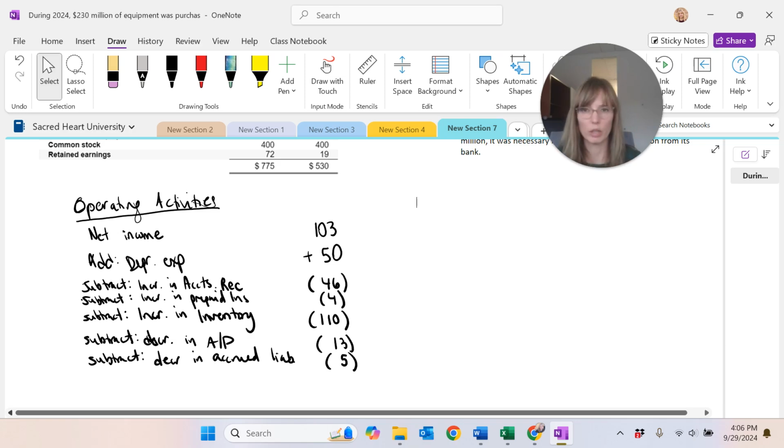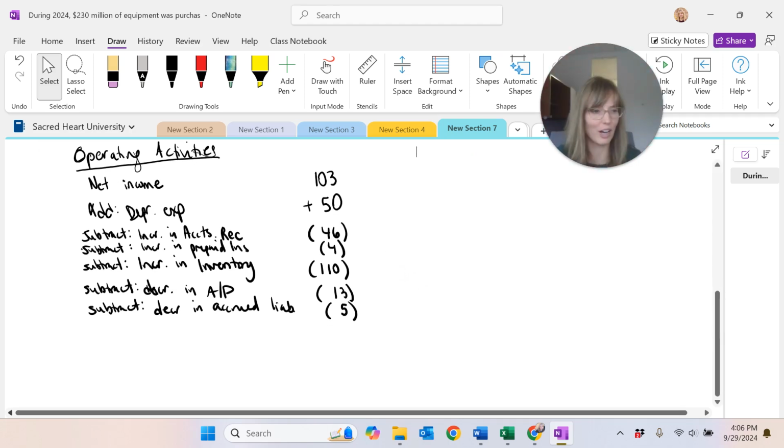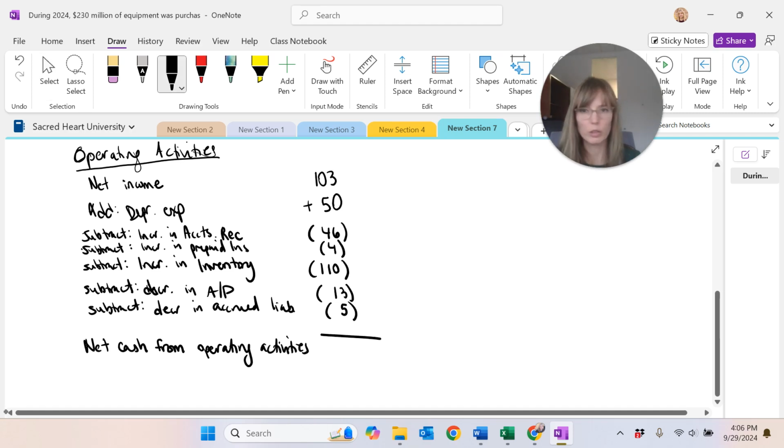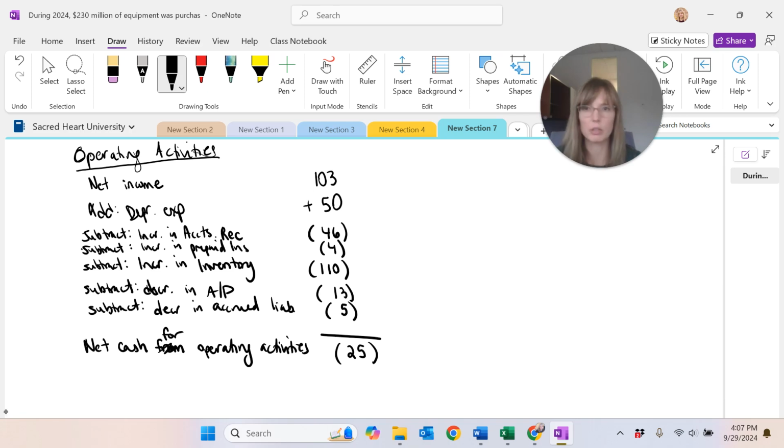So we have net income of 103, we add 50, subtract 46, subtract the 4, subtract the 110, subtract the 13, and subtract the 5, and we get to our net cash from operating activities of, oh, no, this is a net cash outflow, net cash for operating activities, negative 25. So our expenses and costs were greater than our cash received from customers.